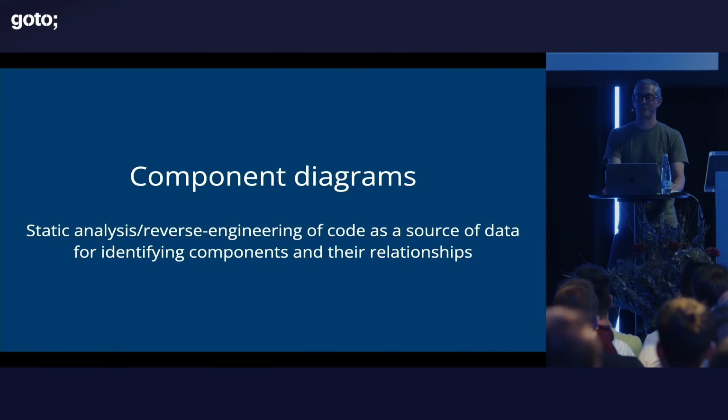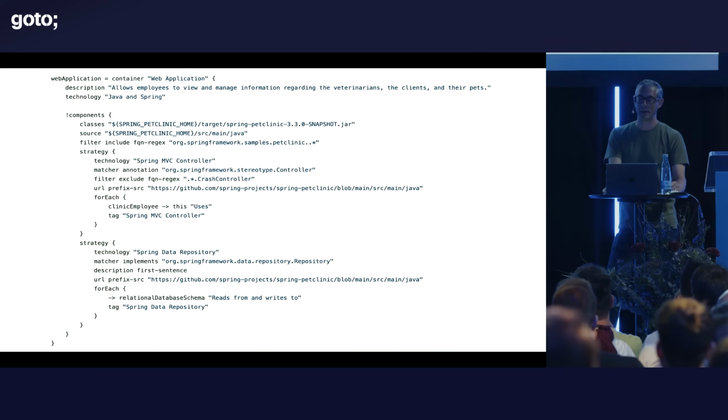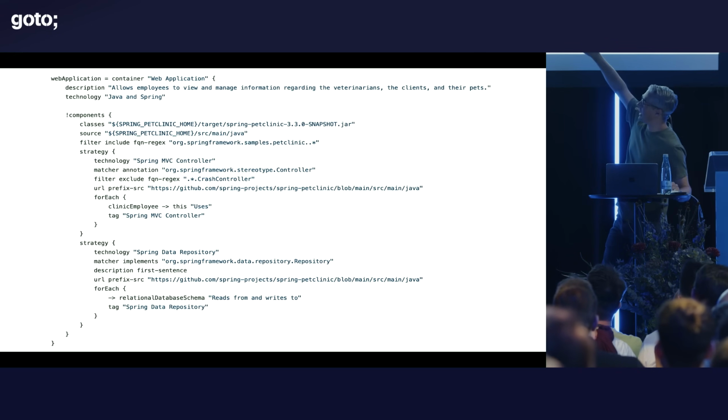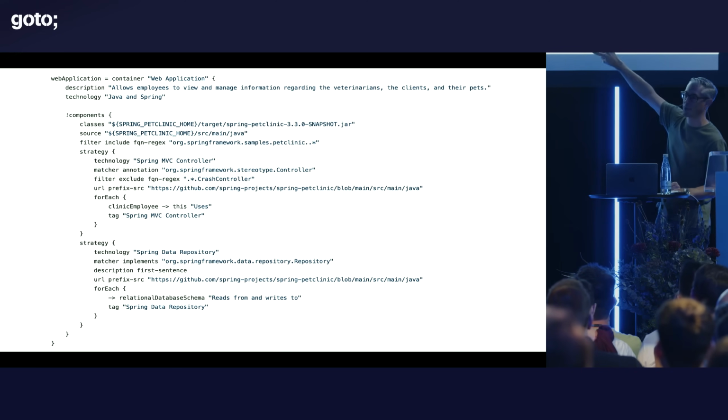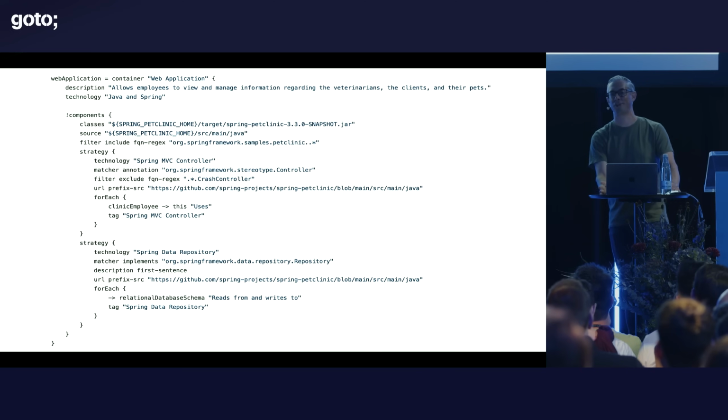And some of you are thinking, well, sure, that sounds all good, but how do you actually do it? So version 3 of my Structurizr tooling that came out a couple of weeks ago, this is all open source, it's all built on Java. Inside the Structurizr DSL, you can now drop this exclamation mark components block, and it will allow you to point the DSL at some compiled Java code and some source code. And in this case, we are identifying two very different types of components: web controller components and repository components.